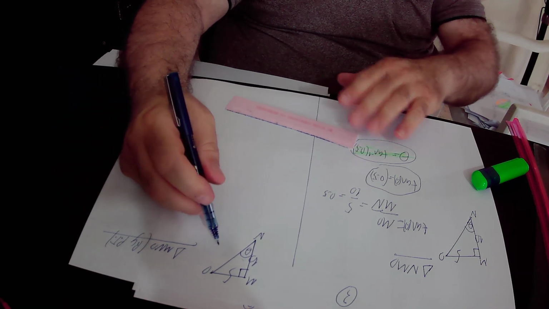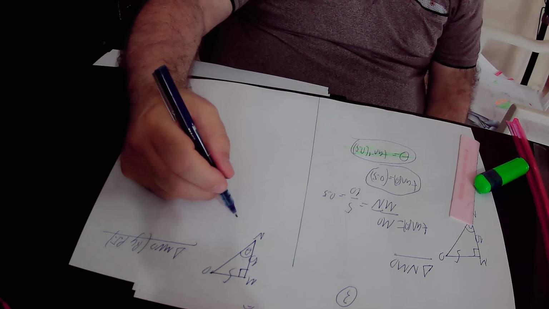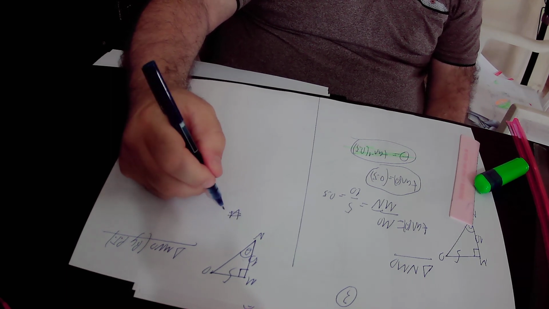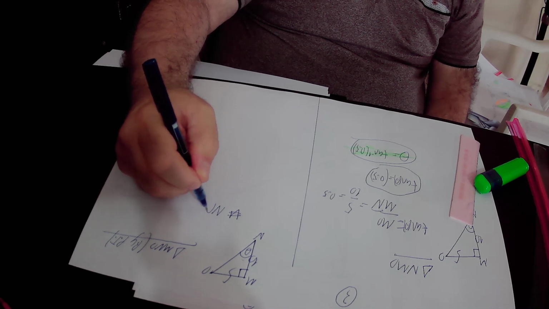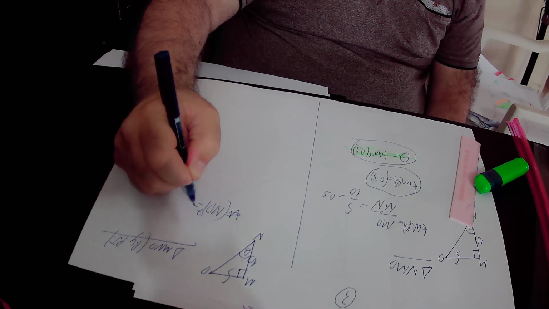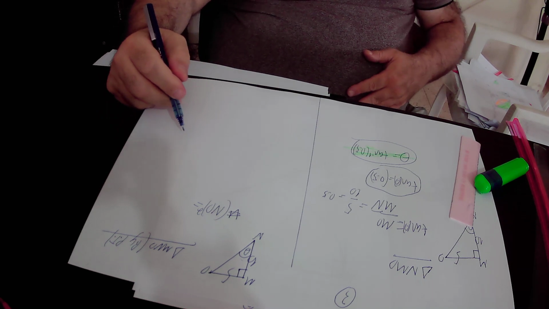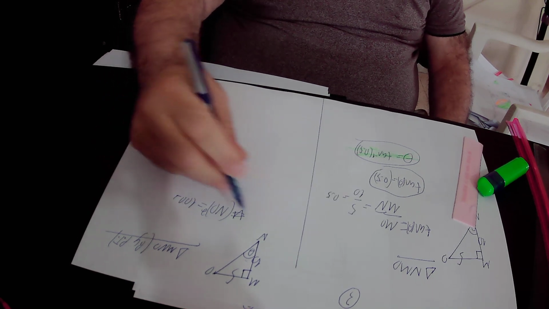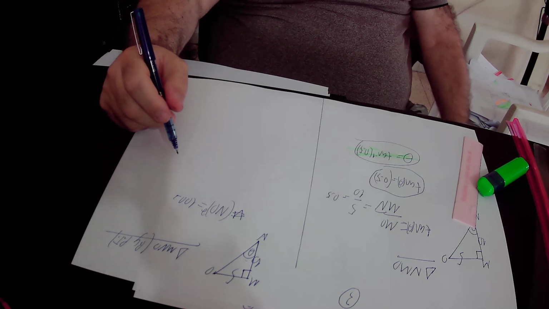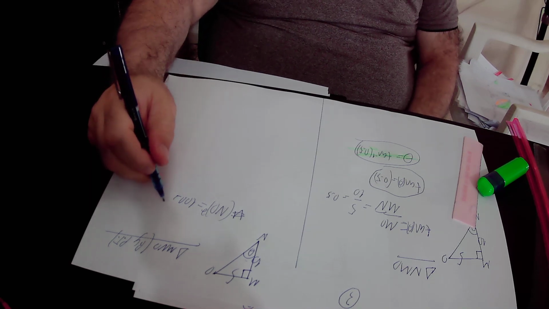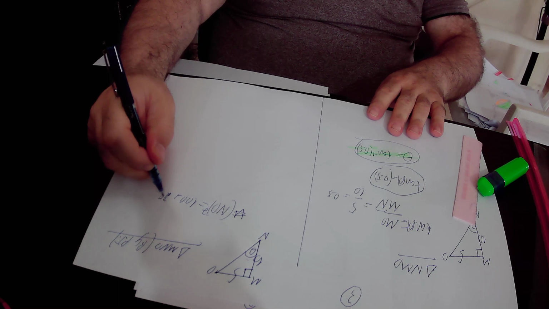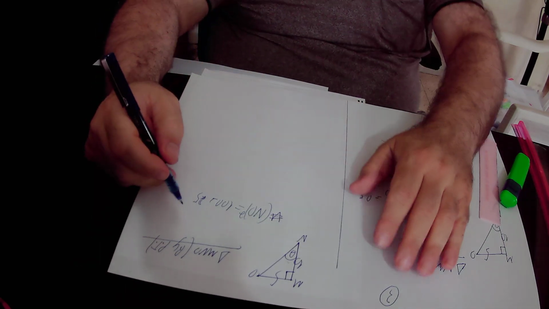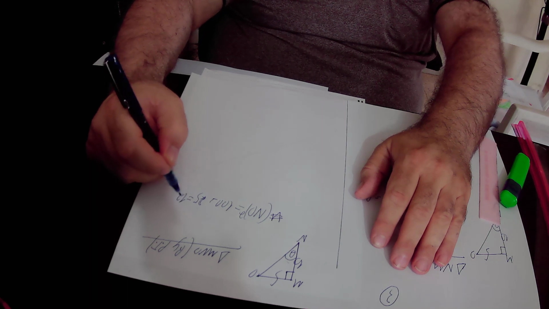The square of the hypotenuse equals the sum of the squares of the perpendicular sides. That is, NO squared equals MN squared, that is 10 squared, that is 100, plus MO squared. MO is 5, so MO squared is 25. So NO squared equals 100 plus 25, which is 125.